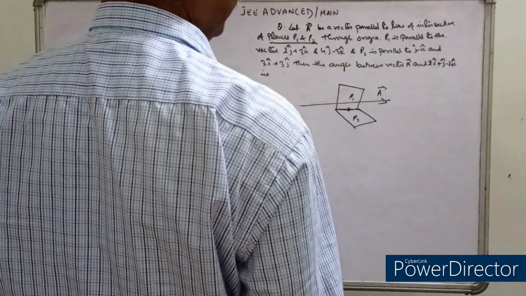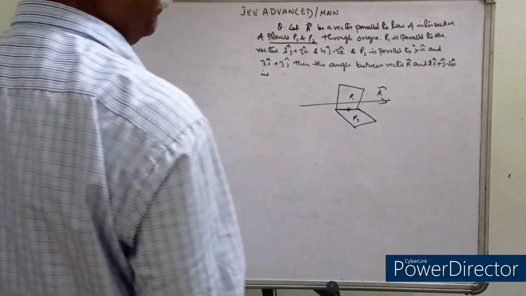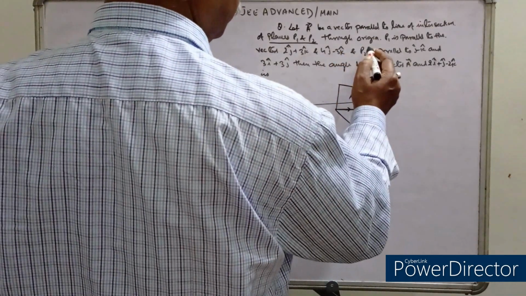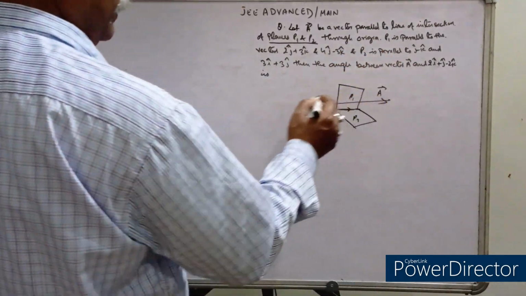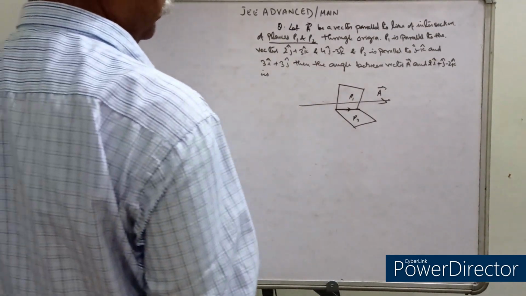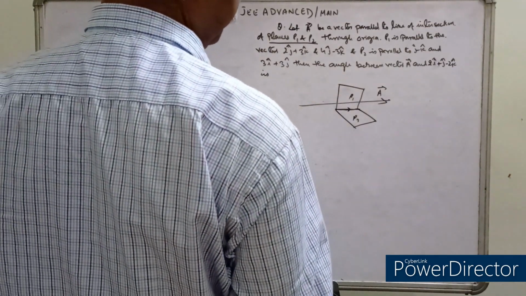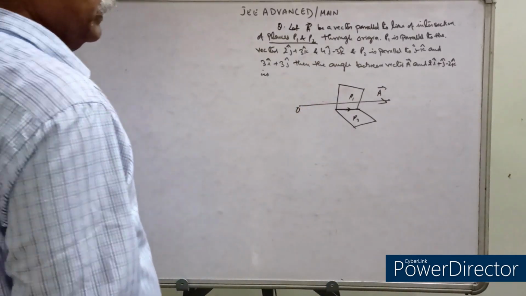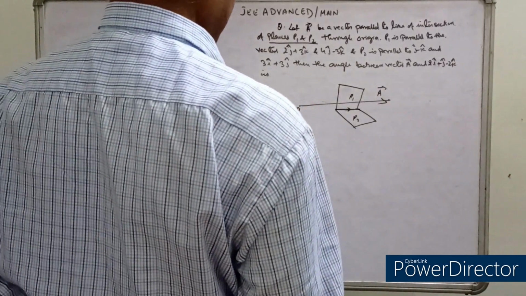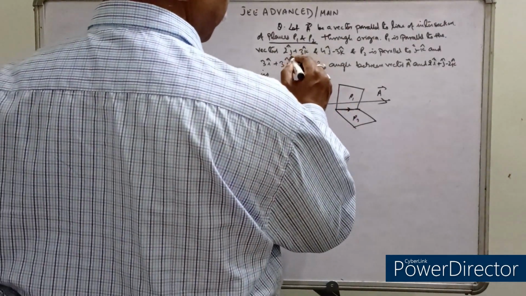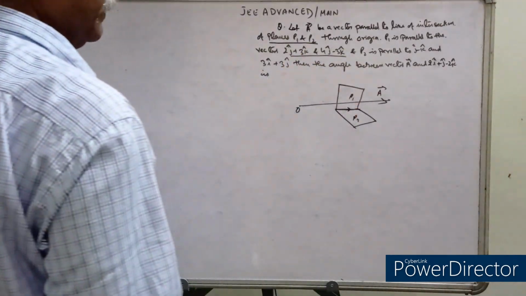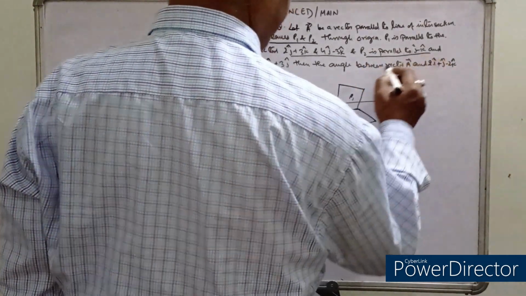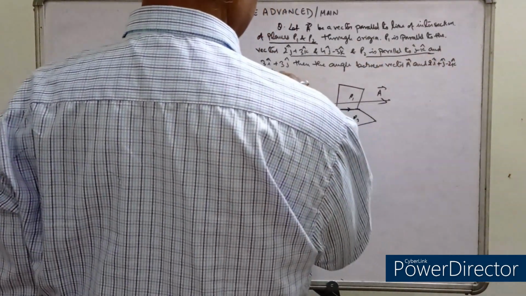Let A be a vector parallel to the line of intersection through the origin. Through origin means this A vector is passing through the origin. Let P1 be parallel to this vector, and the plane P2 is parallel to these two vectors.